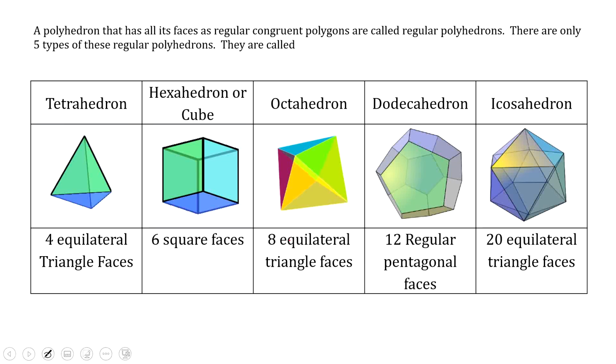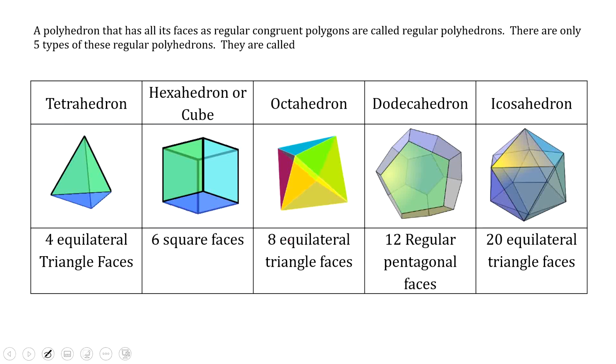They have the sides and the bases all the same. They're regular congruent polygons. So a cube is 6 squares combined together. A tetrahedron has 4 equilateral triangles as its faces. An octahedron is 8 equilateral triangles.